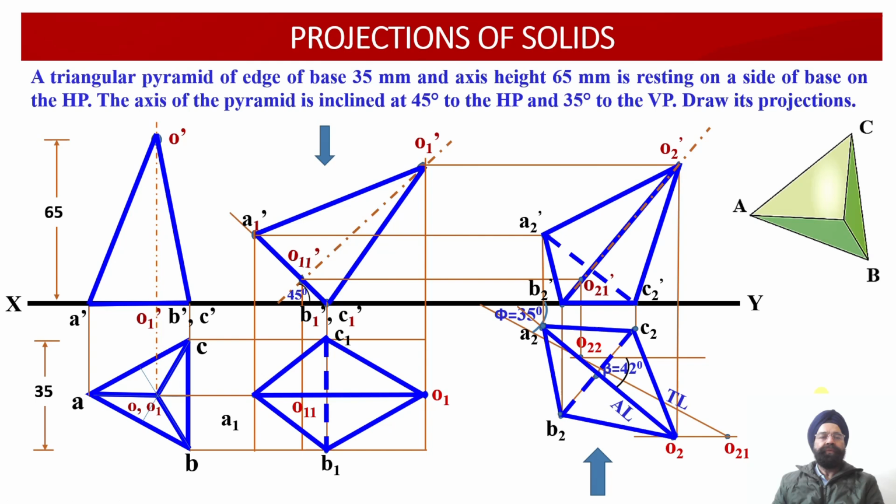With this we complete the discussion of construction of orthographic projections of the oblique triangular pyramid, in which the axis of the pyramid is inclined with respect to the horizontal plane as well as the vertical plane.